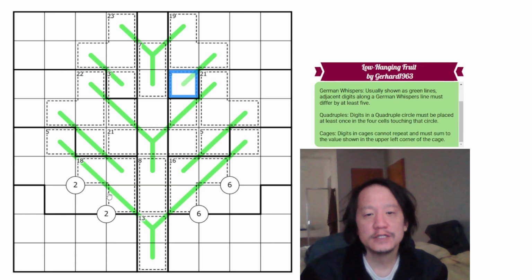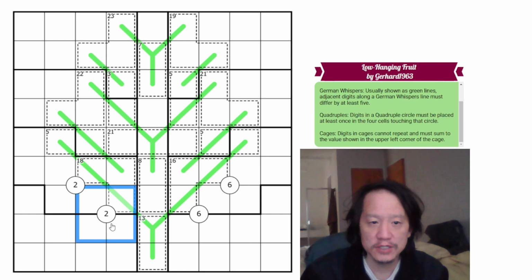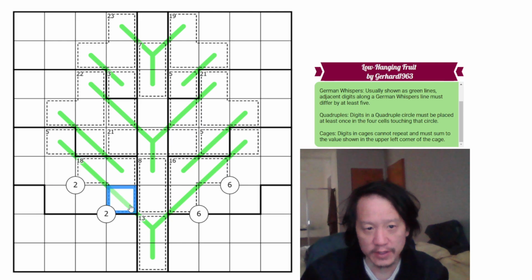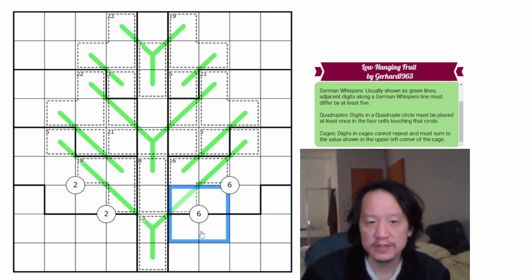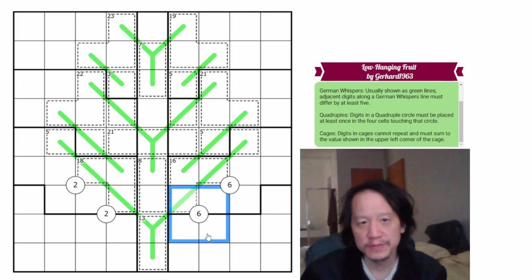Quadruples. Digits in a quadruple circle must be placed at least once in the 4 cells touching that circle. So, for example, in these 4 cells, there must be at least a 1, 2. In these 4 cells, there must be at least a 1, 2. In these 4 cells, there must be at least a 6, and these quads serve also as the low-hanging fruit. Interesting.